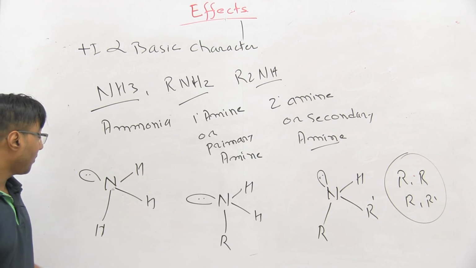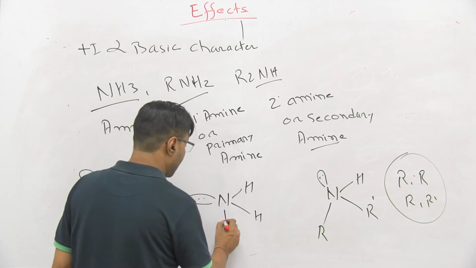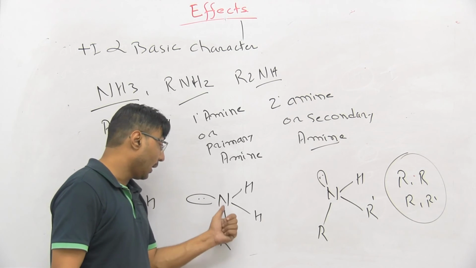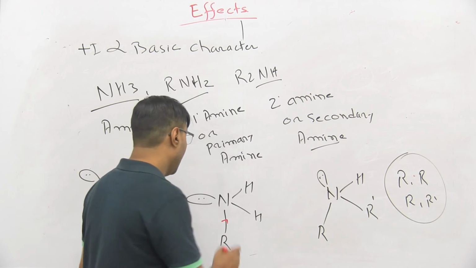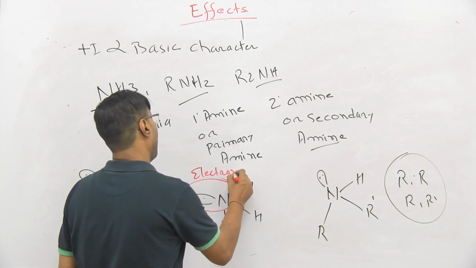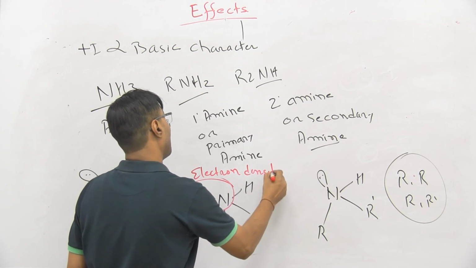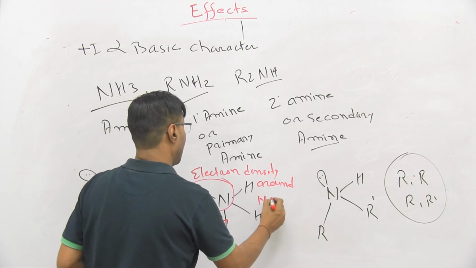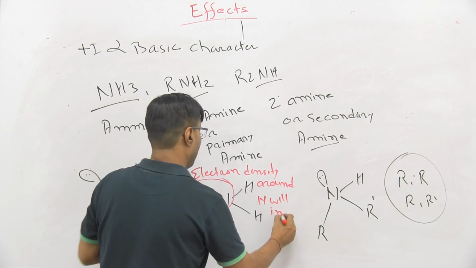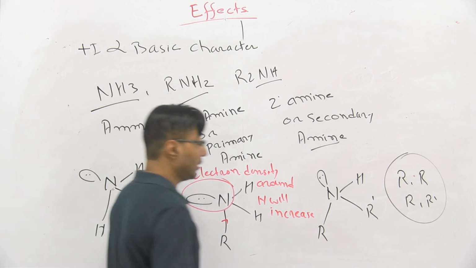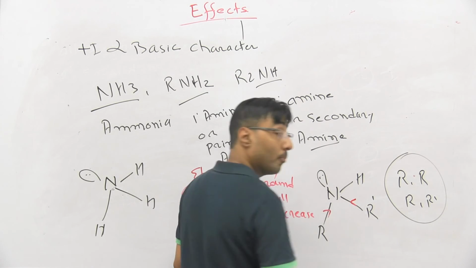So what is happening? In this case, 1 plus I effect is there. It will push its electrons towards the nitrogen, and the electron density around nitrogen will increase. The same thing happens here also.